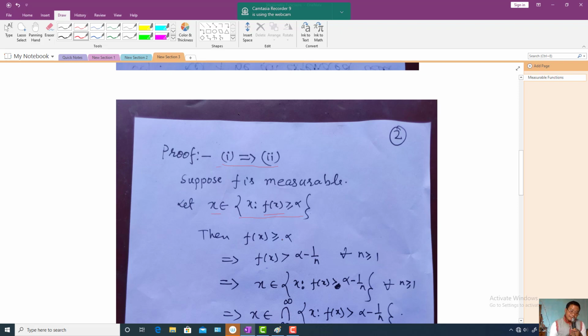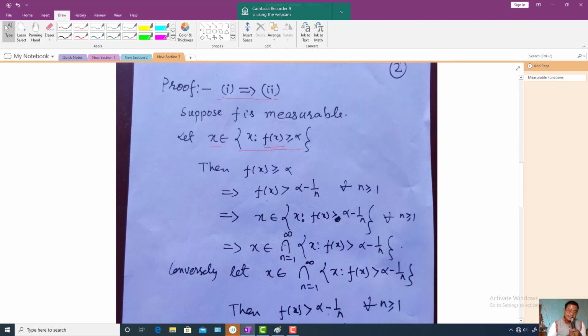If f of x is greater than or equal to alpha, it is very clear that f of x will be strictly greater than alpha minus some other real number. If you subtract some number, then this will be smaller, no? So f of x was greater than or equal to alpha, then f of x will be strictly greater than this one, because you have reduced by a quantity, 1 upon n.